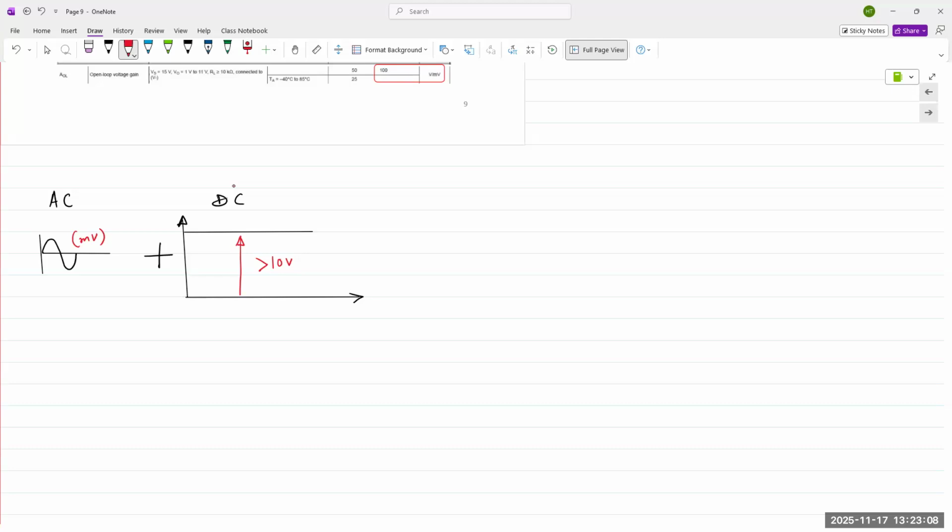So the simplest way I like to put it is that an amplifier would take the energy from the DC source and give it the shape of an AC signal.